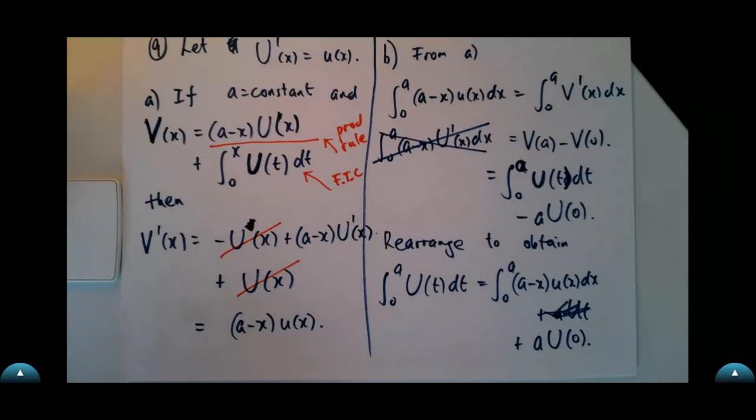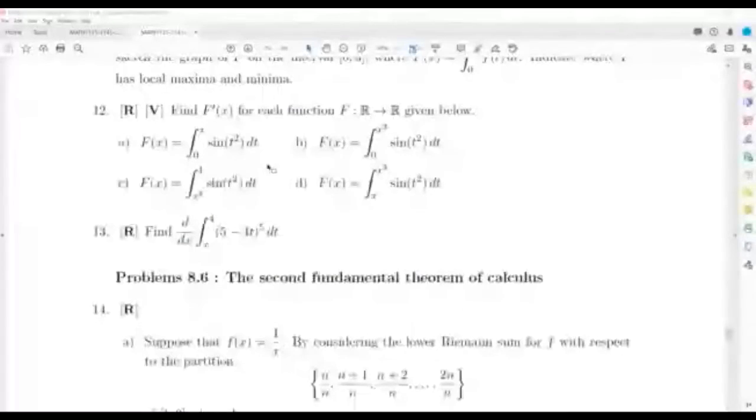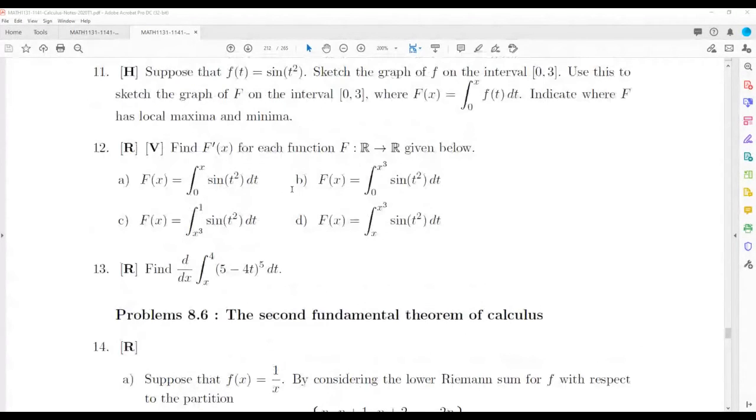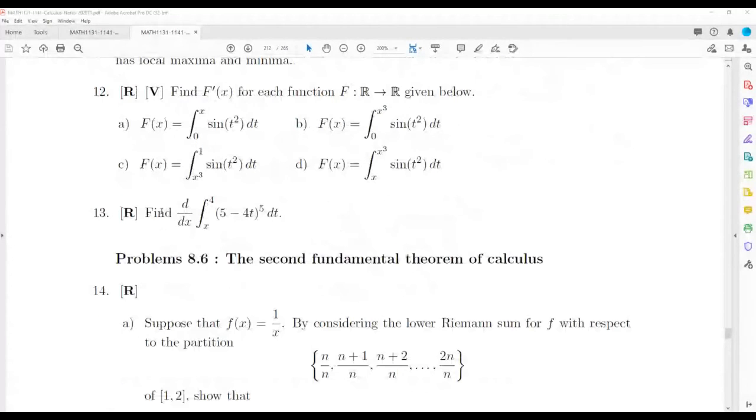All right, let's have a look at 13. These kinds of problems are basically differentiating integrals in all of these ones.